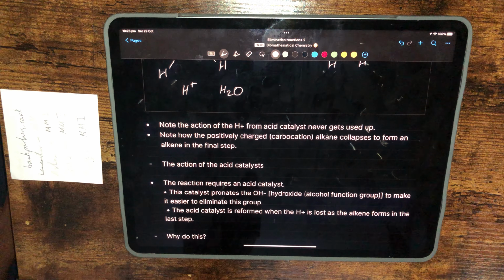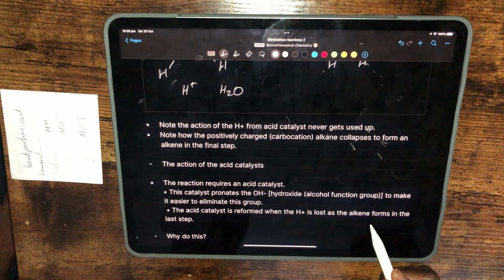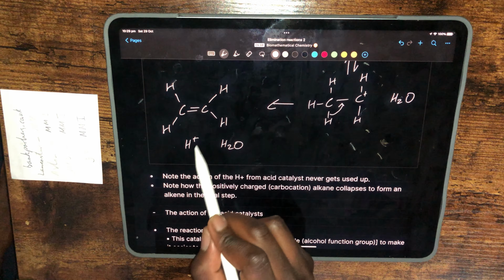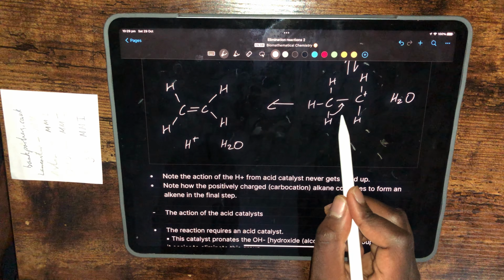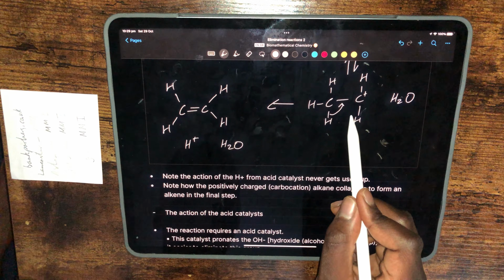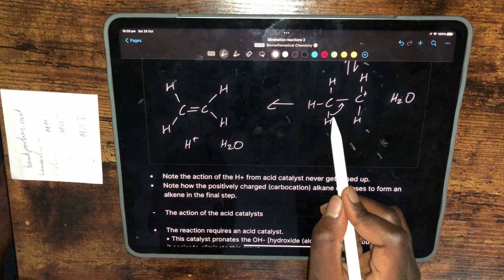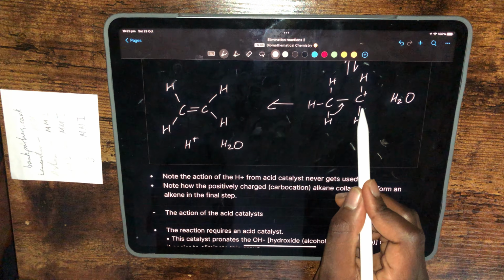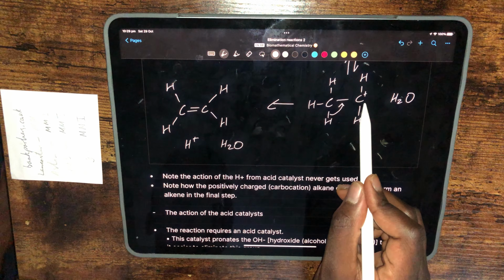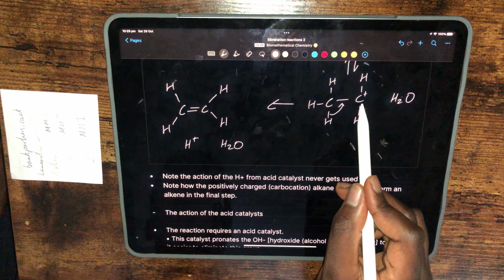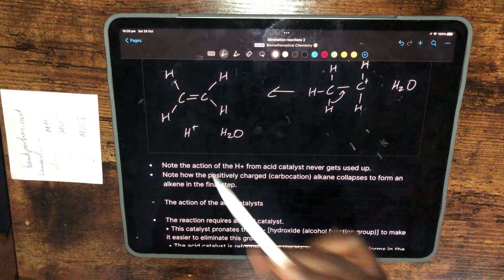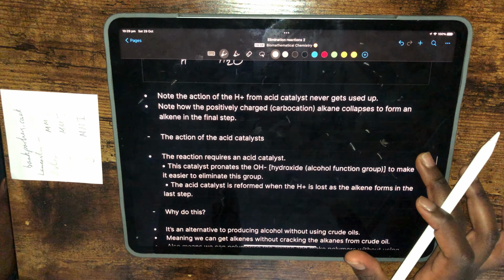The acid catalyst is reformed when the H+ is lost as the alkene forms in the last step. As the carbocation collapses, the carbon-hydrogen bond forms the carbon-carbon double bond to make this more stable again, because a carbocation is very unstable. When that happens, you lose H+, which can be used to regain your acid.